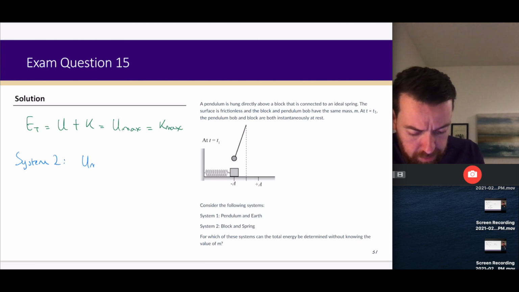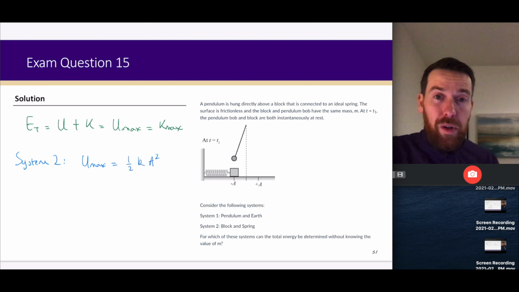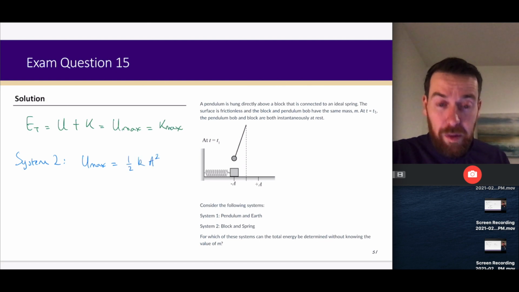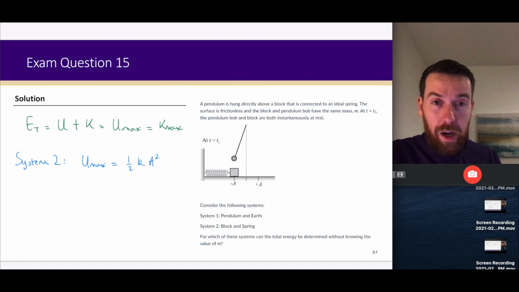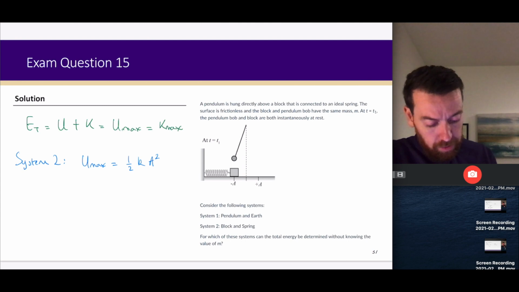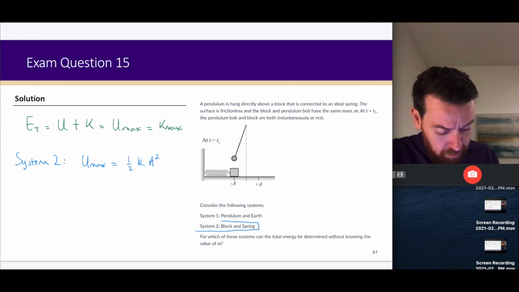U max is equal to 1/2 k a squared, so it's not a function of the mass of the block. So it would be possible to determine the total energy of the block and spring system without knowing m. If I know the spring constant and the amplitude, it is possible to determine the maximum energy in this spring block system. So that's the correct answer here.